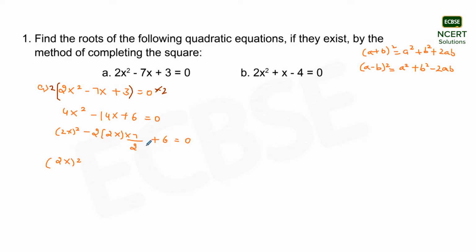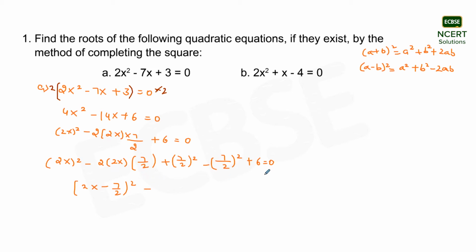So in order to get the term b square, I'll be adding and subtracting b square on the left hand side. So here it will be 2 into 2x into 7 by 2 plus (7 by 2) whole square minus (7 by 2) whole square plus 6 is equal to 0, which can also be written as (2x minus 7 by 2) whole square, as we can easily apply the identity over the first three terms, as they are similar to a square minus 2ab plus b square, where a is 2x and b is 7 by 2.